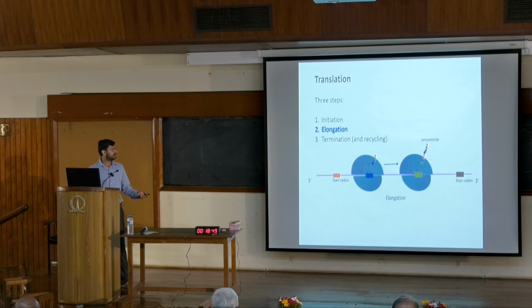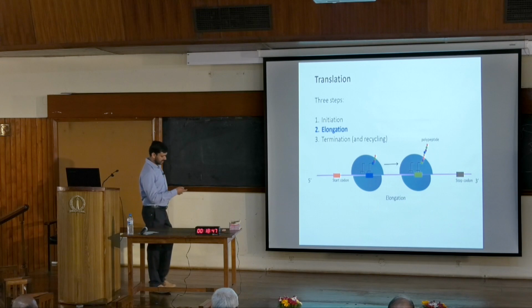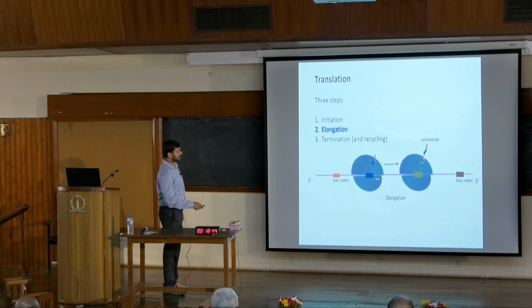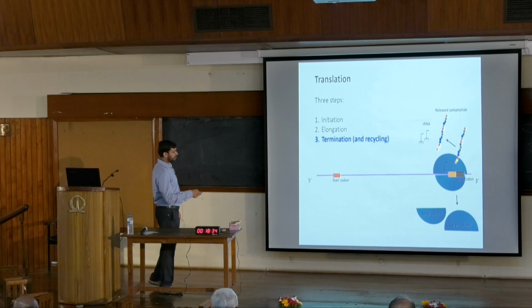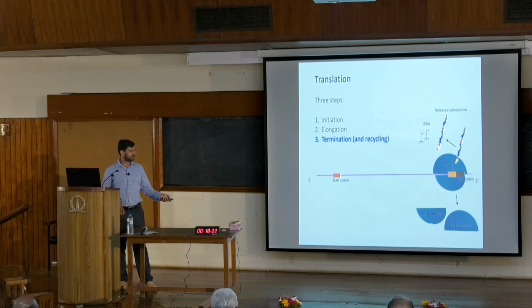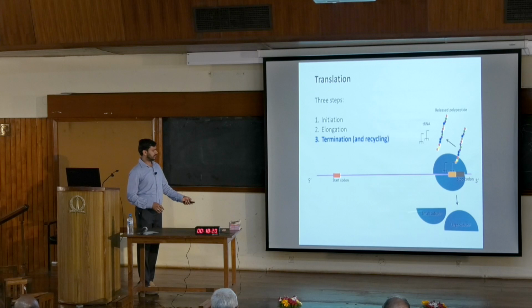So the next step is the elongation step, where the ribosome decodes individual codons as it moves along, and thereby the length of the polypeptide increases. And when it reaches the stop codon, it no longer has an adapter molecule for this. So this is now recognized by release factors, which then release the polypeptide, and the ribosome subunits are recycled.